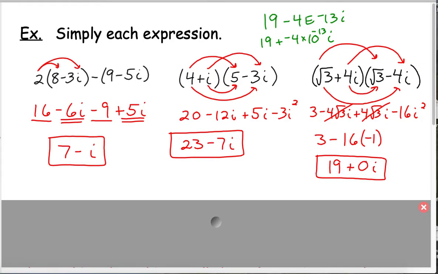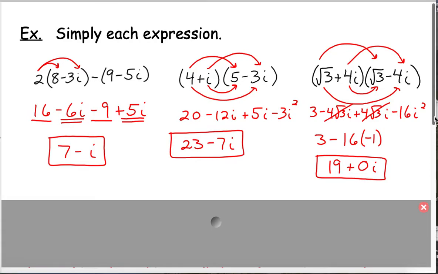It's almost 0. Sometimes when the calculator is doing its calculations, it has to do some approximations. So when you see something obnoxious like negative 4e to negative 13 or positive 3e negative 12, that essentially means 0. So that's what we saw here. It's 19 plus 0i. If you ever see that, don't panic or think you have some bizarre answer. It's just a little bit of a rounding error for the calculator.